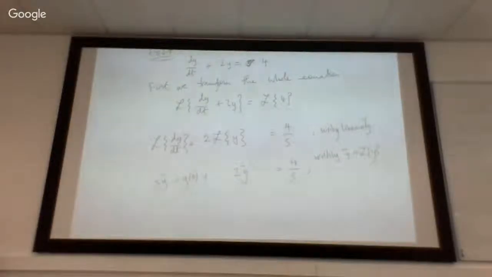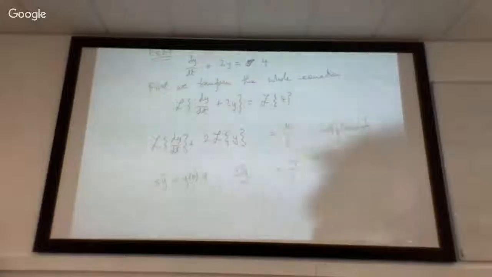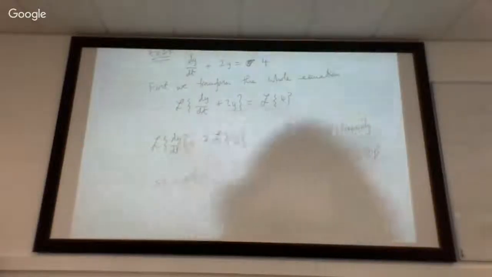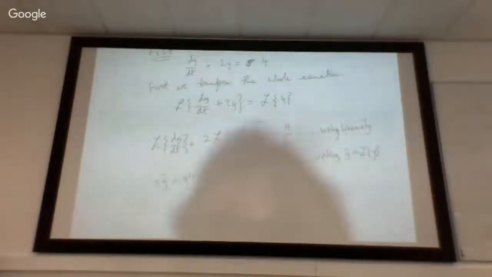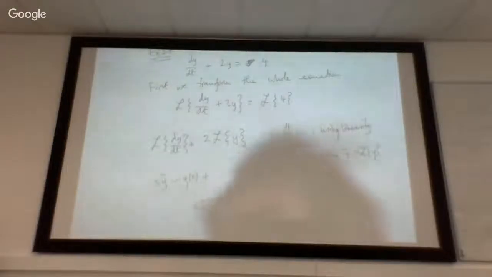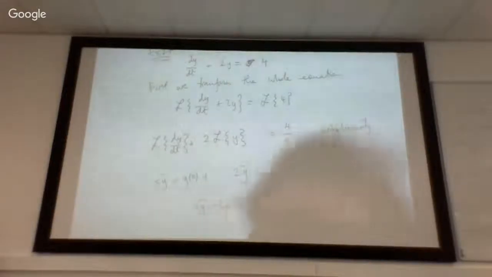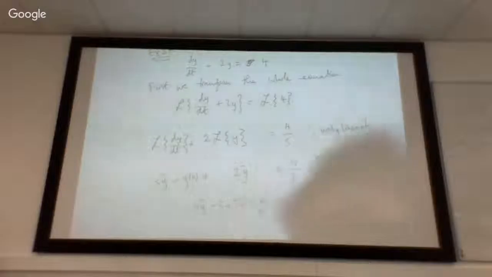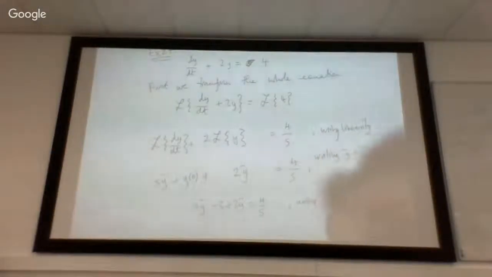Yeah, we were told the initial value of y in the problem was 3. So this now becomes s y bar minus 3 plus 2 y bar equals 4 over s. Okay, so that's using the initial value of y to be 3.